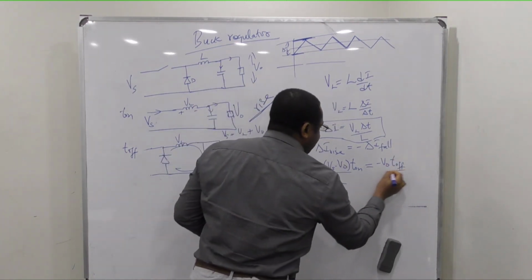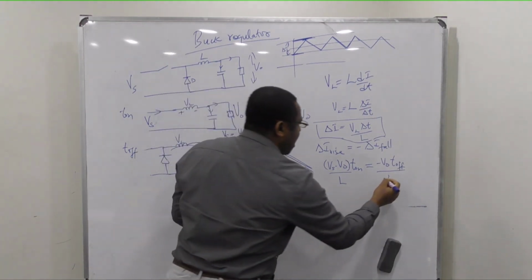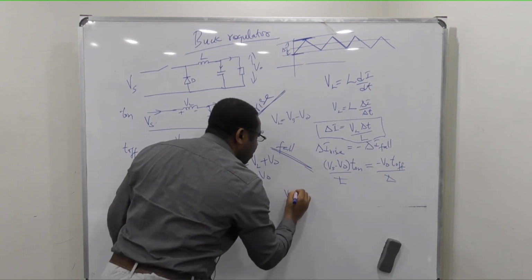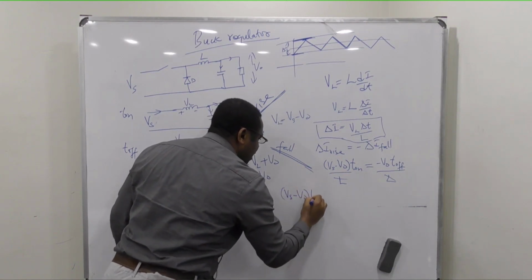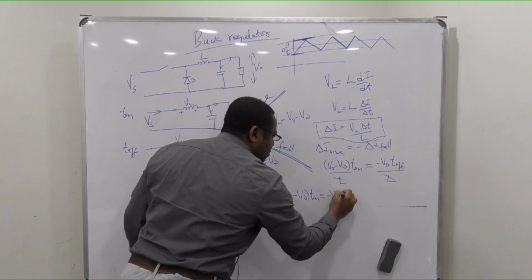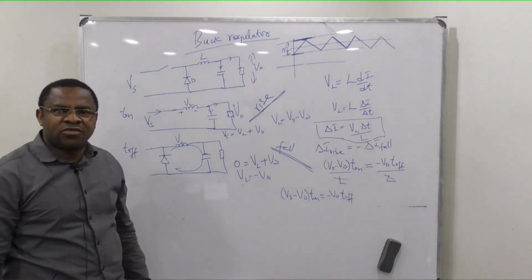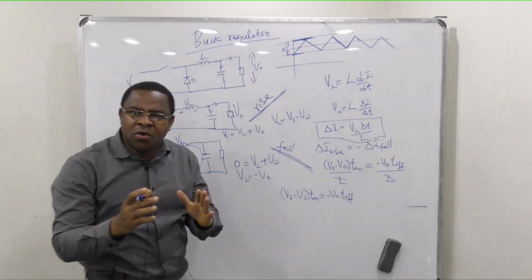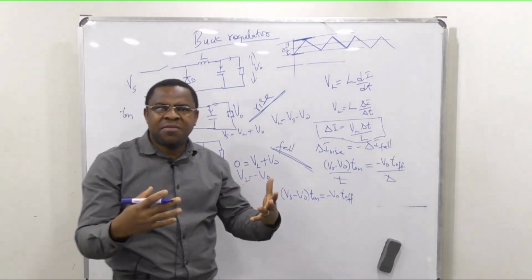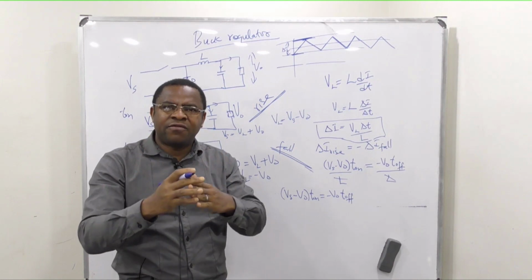Now divide by L. Remember we can take out that L, so that you only have Vs minus Vo times time on equals minus Vo times time off. Did you get that? And we also know that time off is the same thing as period minus time on.